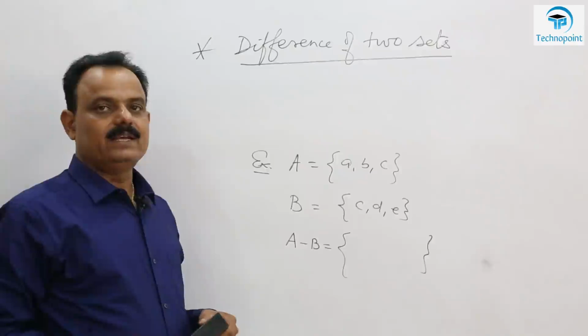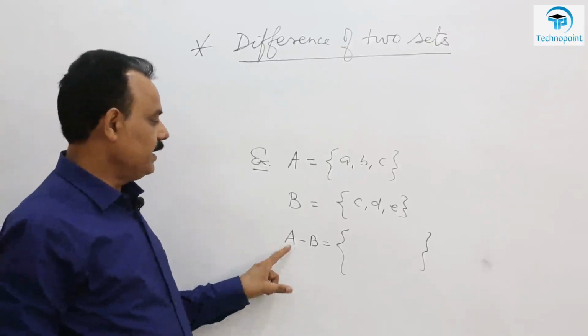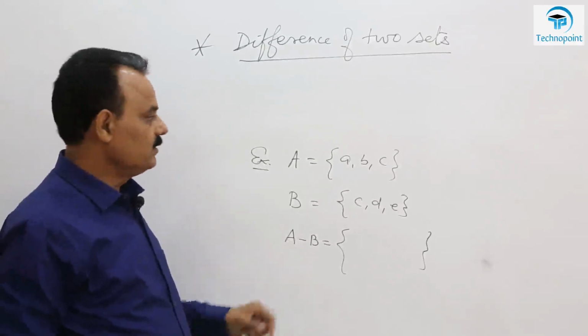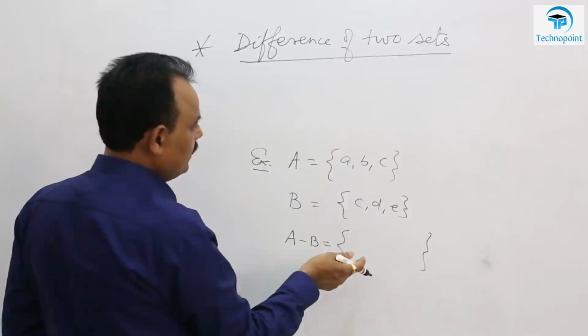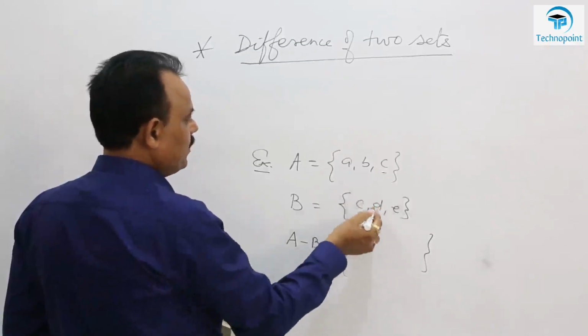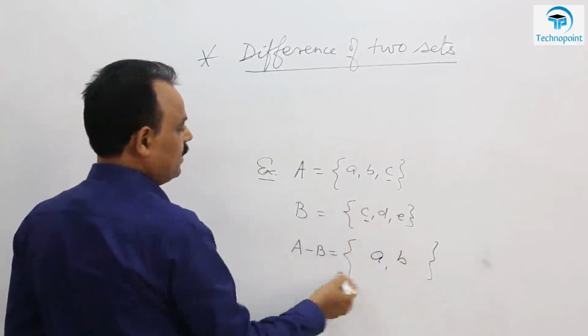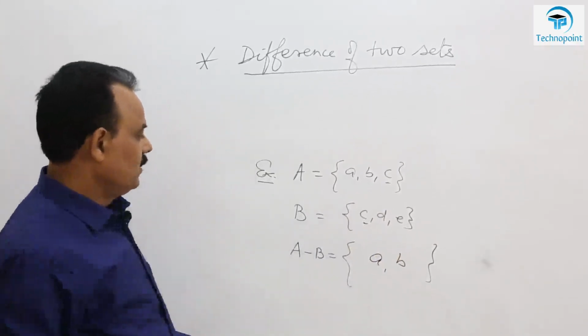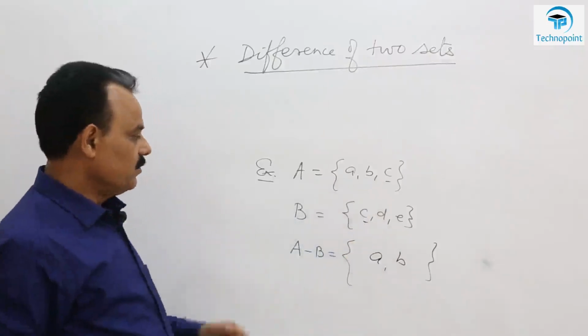Difference of two sets A and B, that is A minus B, is a set whose elements are in A but not in B. So let us take elements which are in A but not in B. So this C will not be included because this C lies in B. So the only two elements are there in A minus B. These two elements are in A but not in B. So this is A minus B.